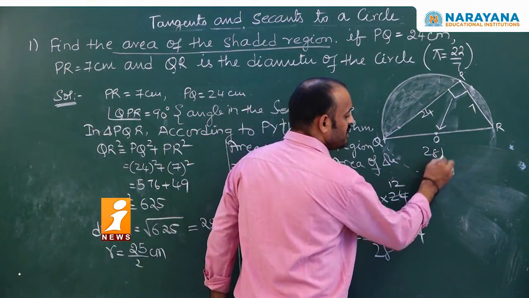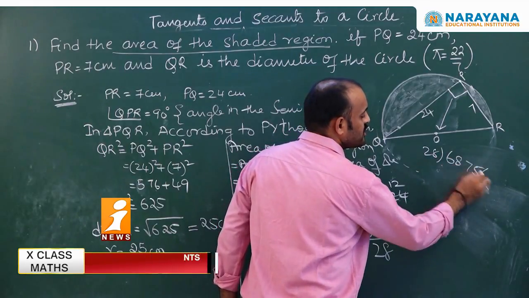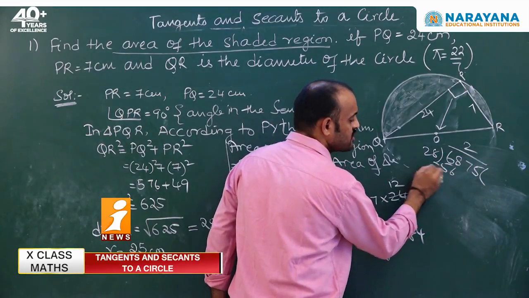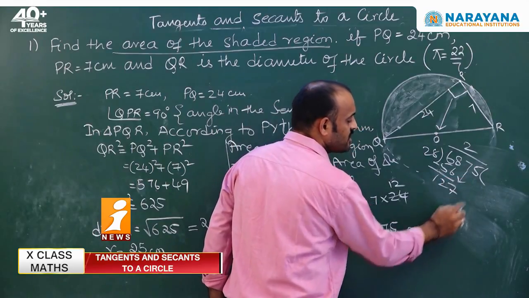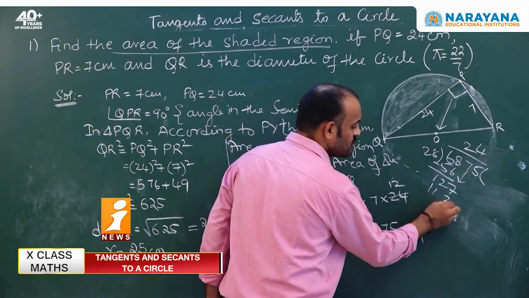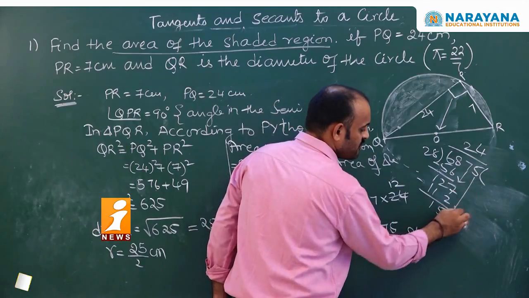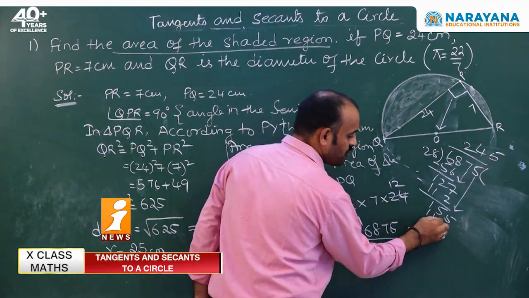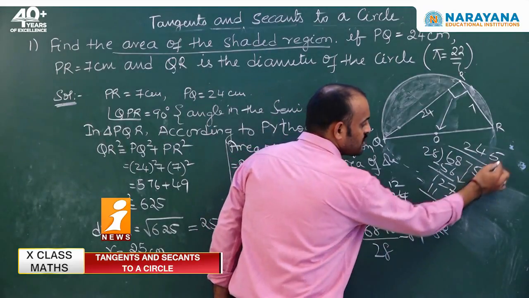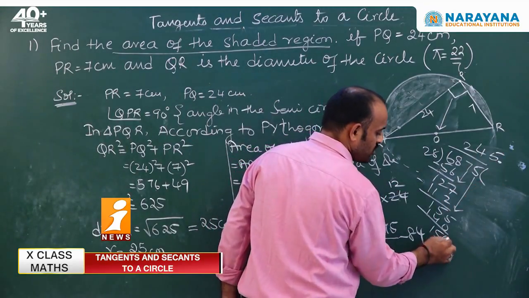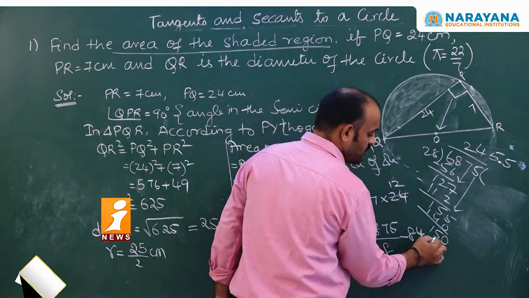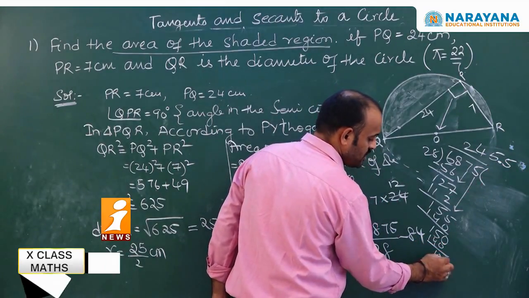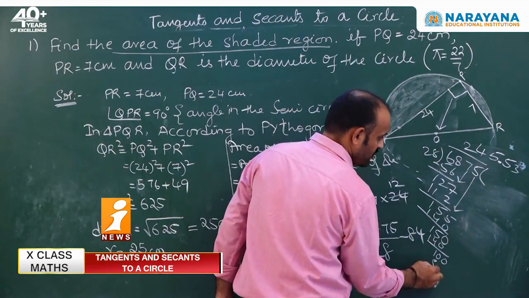With 28, if I divide 6875, 28 2s are 56, so 12, remaining is 7, 28 4s are 112, 15, 28 5s are 140, 15, 20, 0, 28 5s are again 140, 100, 28 3s are 84.